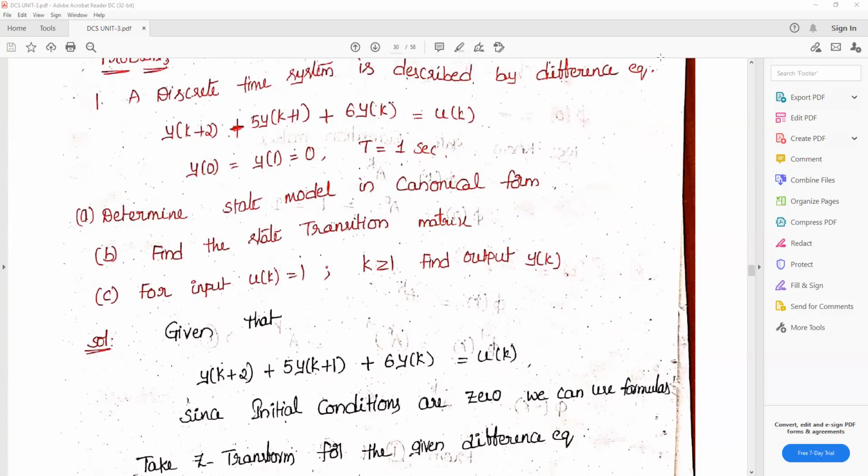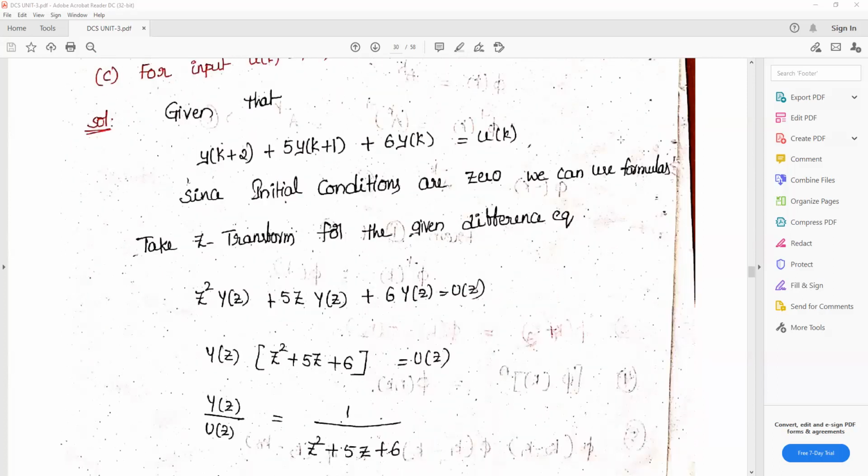So we apply the Z transform. y of k plus 2 gives z square into y of z, y of k plus 1 gives plus 5 z power 1 y of z, plus 6 y of z is equal to u of z.